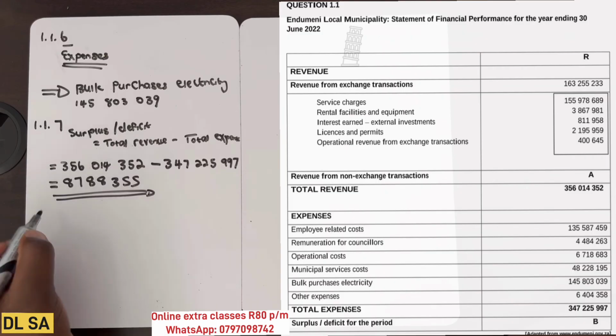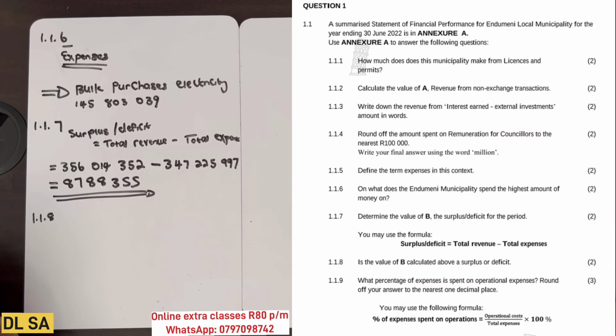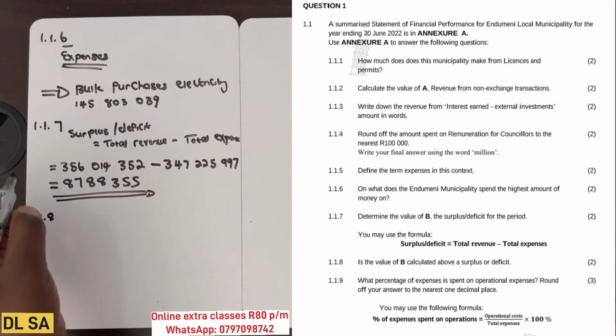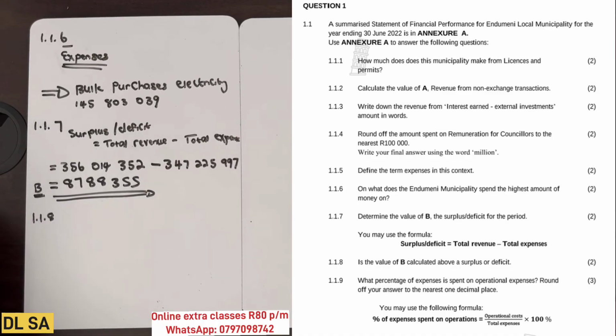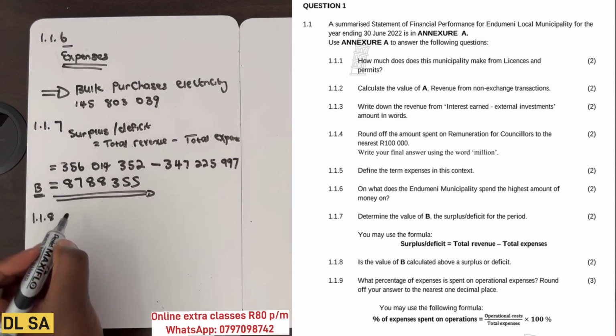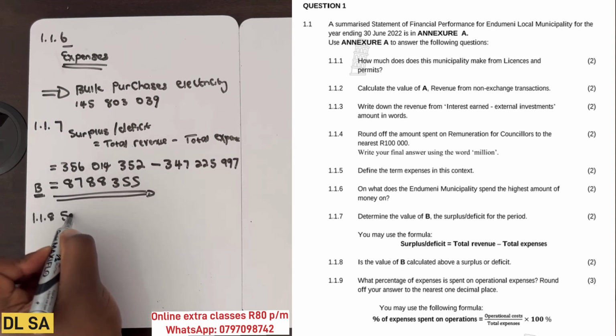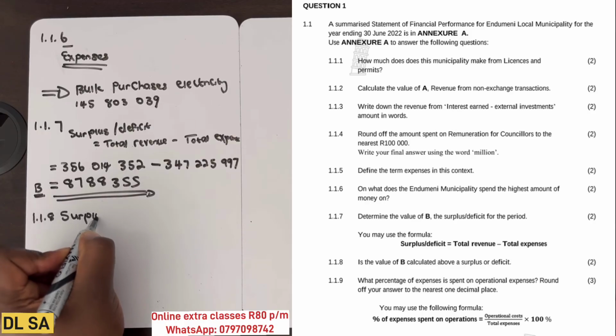Now let's move to 1.1.8. So this is our B. The question says, determine the value of B. 1.1.8 says, is the value of B calculated above a surplus or a deficit? It is a surplus because it is positive.